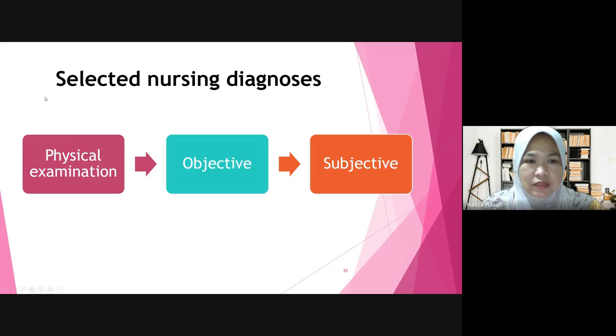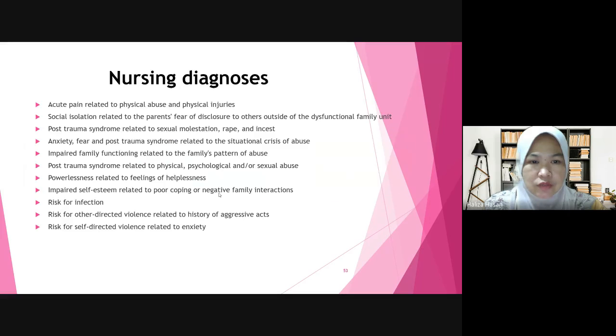The selected nursing diagnosis is based on the physical examination, and objective and subjective data. This one, the nursing diagnosis, you can go through.